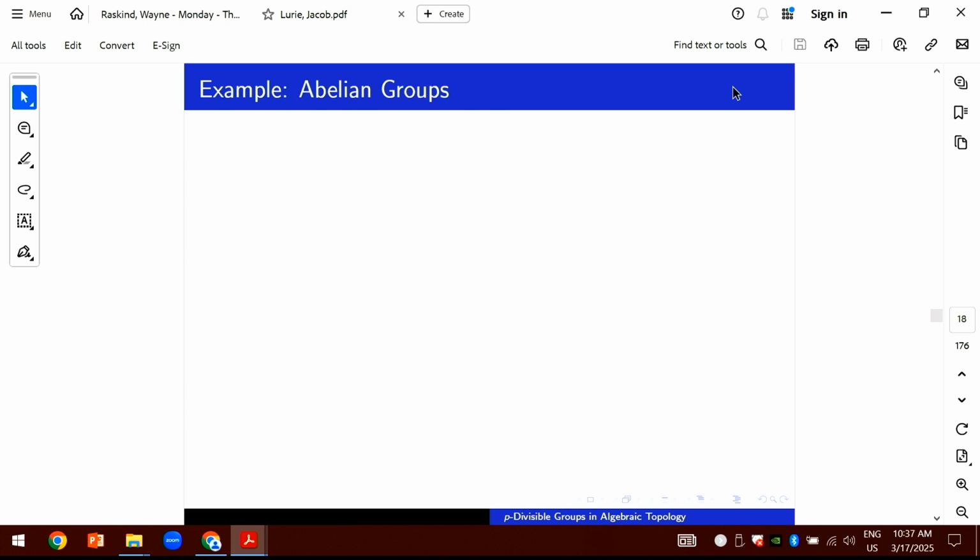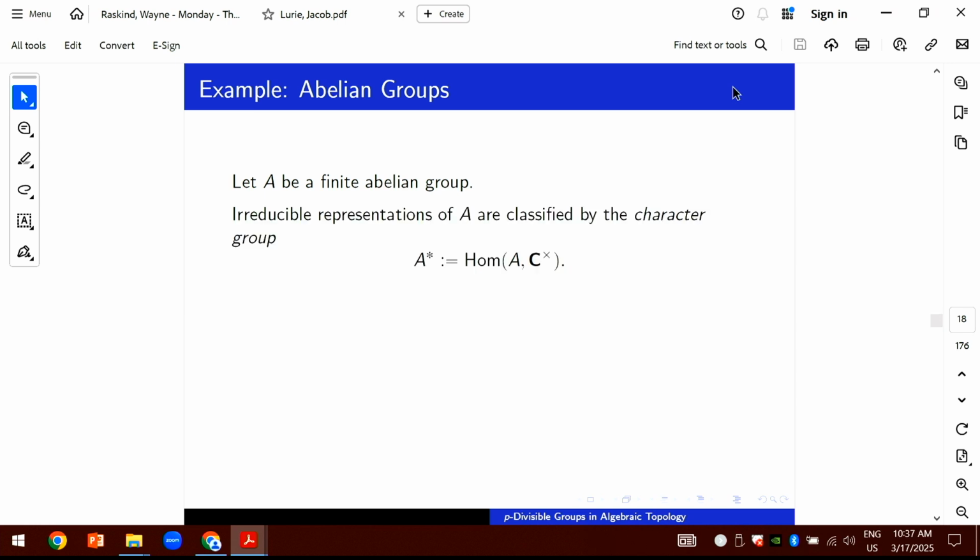So let's just do an example where we consider abelian groups rather than general finite groups. If A is a finite abelian group, representations of A are very easy to understand. Irreducible representations are one-dimensional, and they're classified by the Pontryagin dual group. I'll denote that by A star. That's just the group of homomorphisms from A into the unit complex numbers.